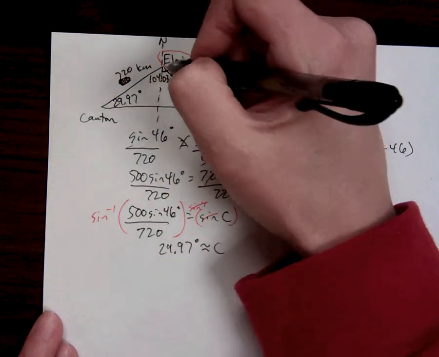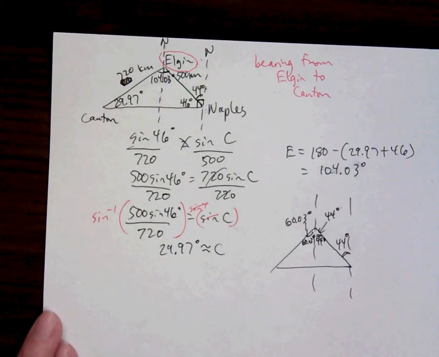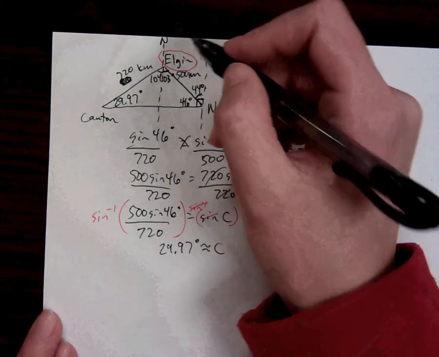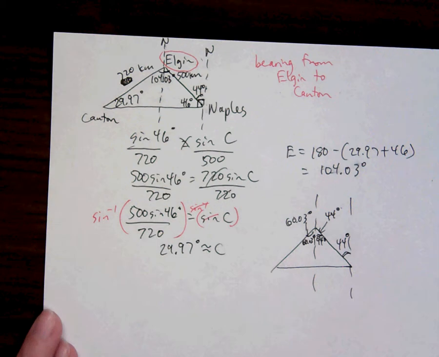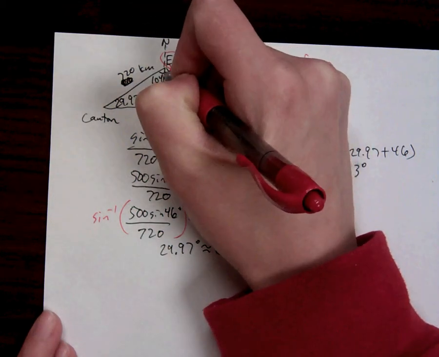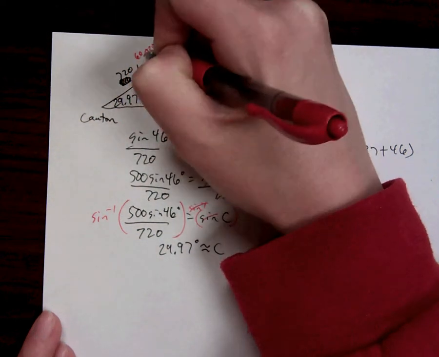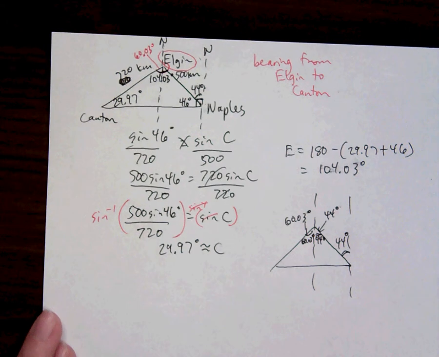So it's really this picture up here. This is 44. This is 60.03. So what I'm trying to say then is, if I'm going here to here, that's 180 plus this 60.03 degrees. That's right there.